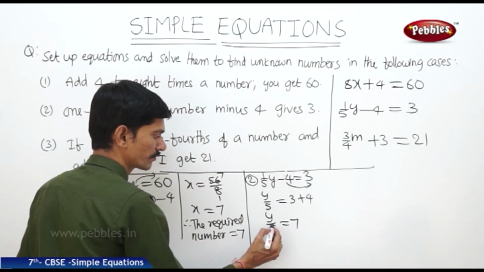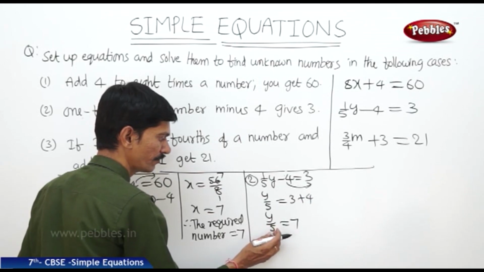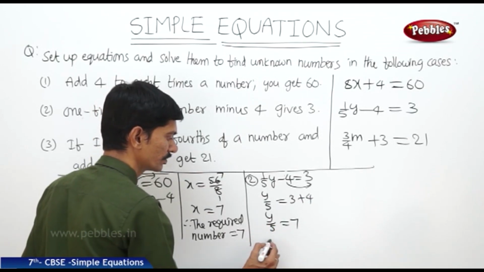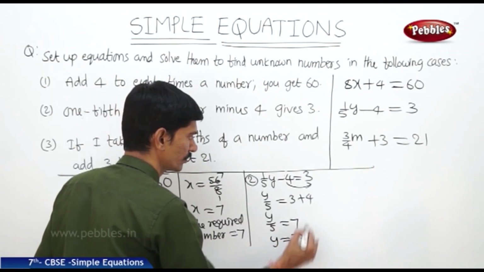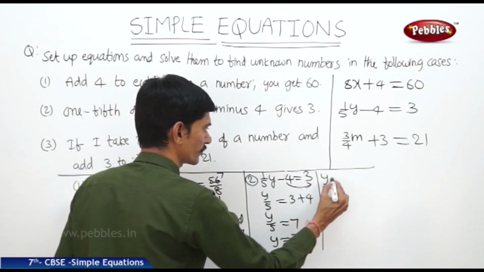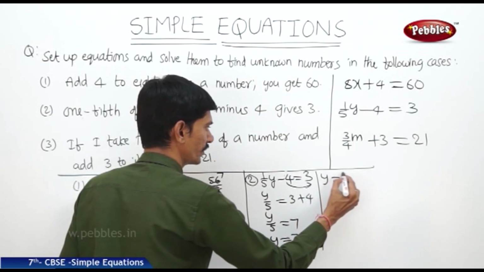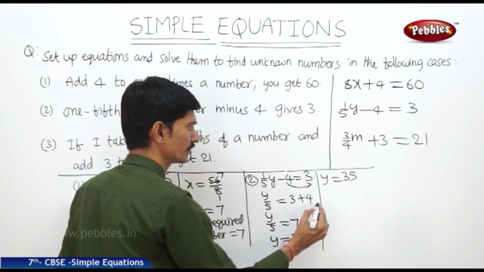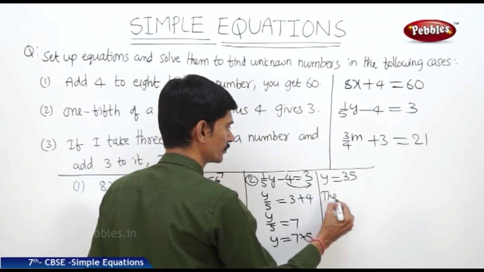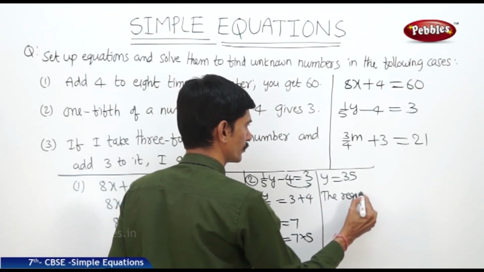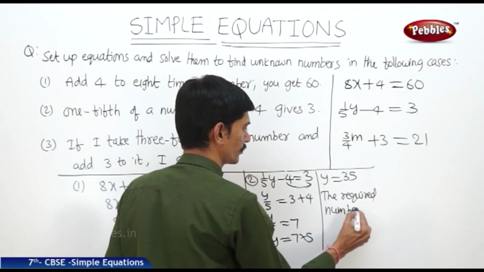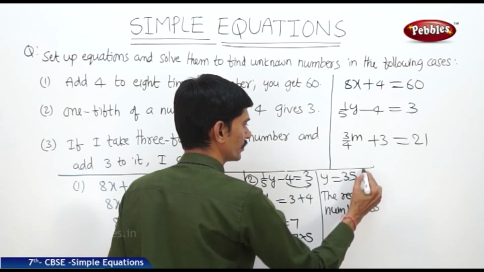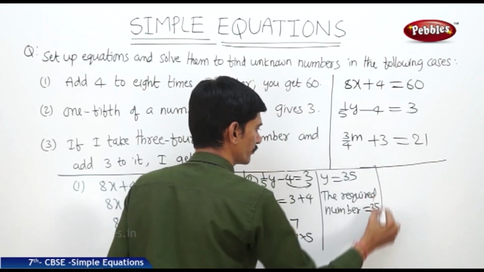Now by transposing divided by 5 to the RHS, we get into 5. So y equals 7 into 5, so y equals 7 fives are 35. So the solution is 35. So the required number equals 35.